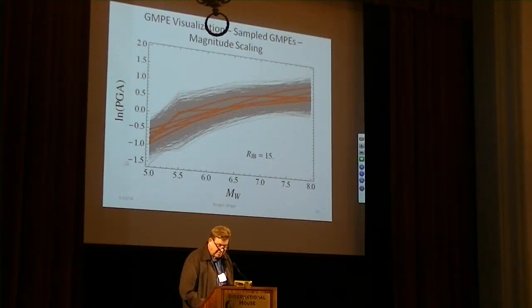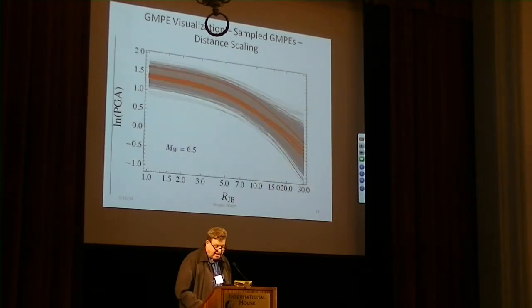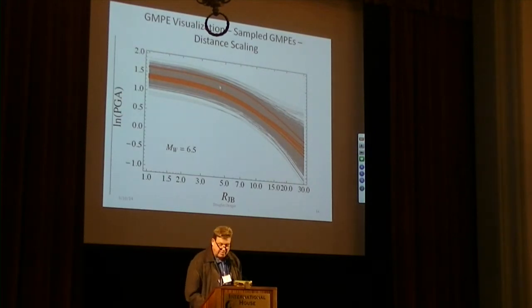What you can see is that these models are within the distribution, and that the gray curves are providing some information about the tails of that distribution. This is for magnitude scaling. You can look at the same sort of plot for distance scaling. This is for a magnitude 6.5 earthquake. And again, similar behavior.